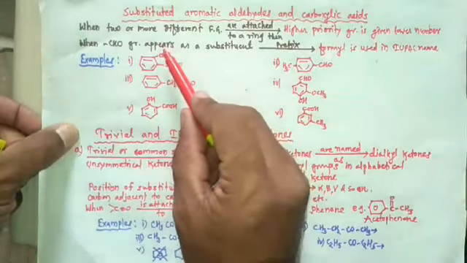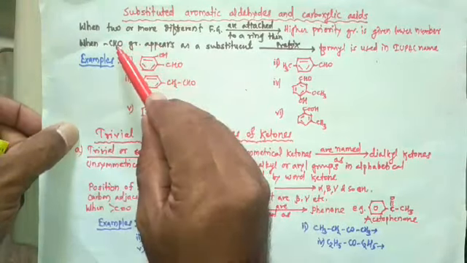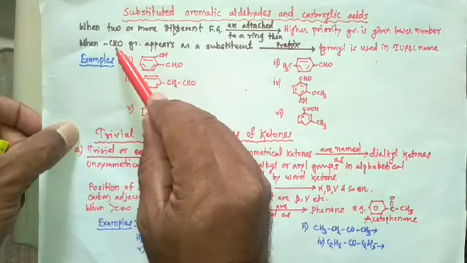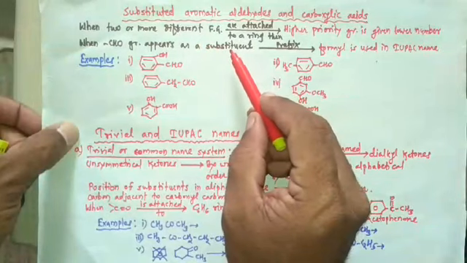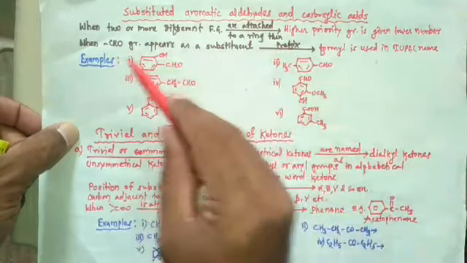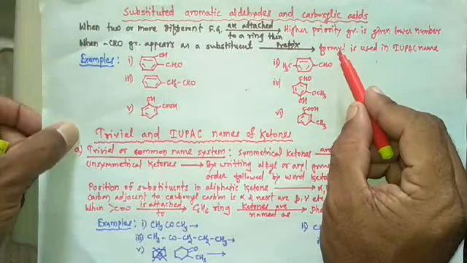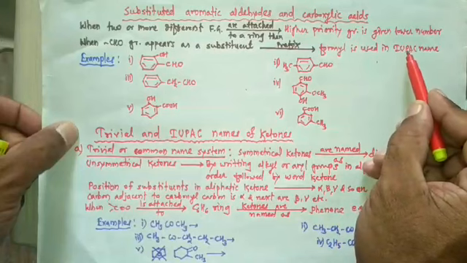So if a compound contains two or more functional groups and there is a CHO group which is the substituent, then the prefix for the CHO group is formyl, and that is used while deriving the IUPAC name.